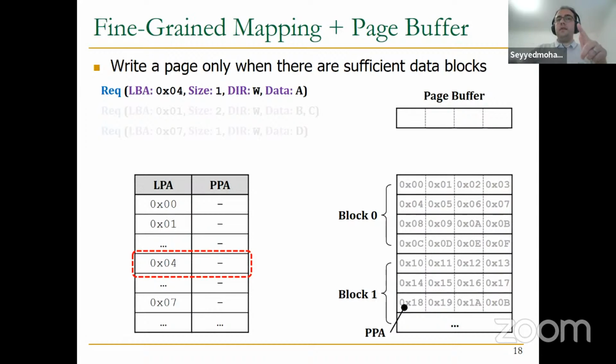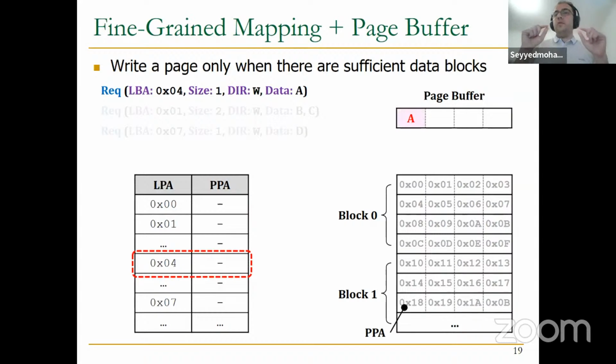Here you can see that the mapping table is stored at the fine grain of 4 kilobytes, not 16 kilobytes. So whenever you want to find your metadata in the mapping table, you only need to check the exact address. You don't need to remove the least significant bits, consider them as offset, and then consider the rest as the logical page address.